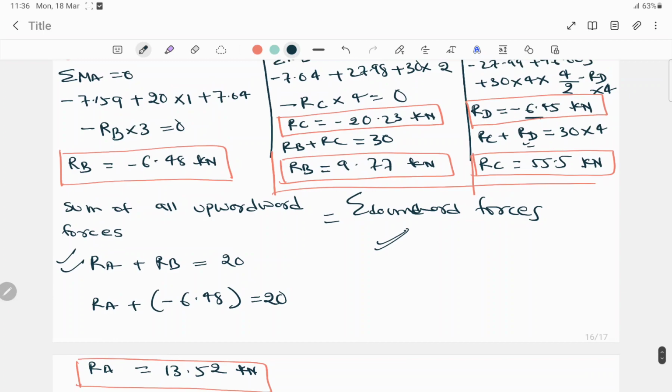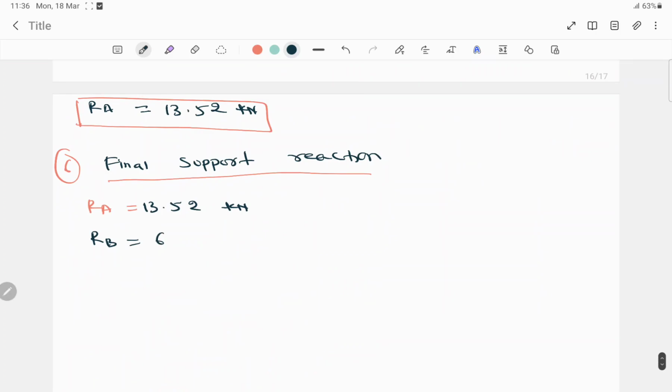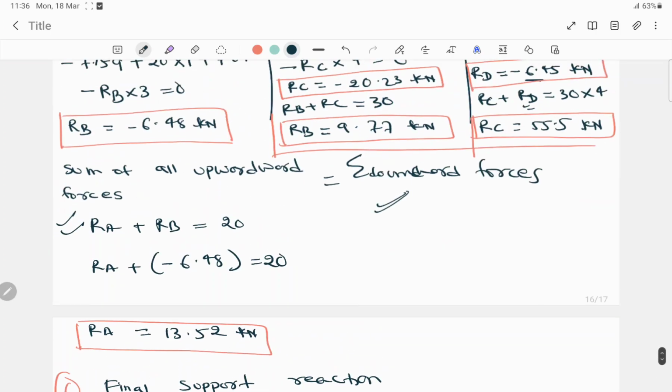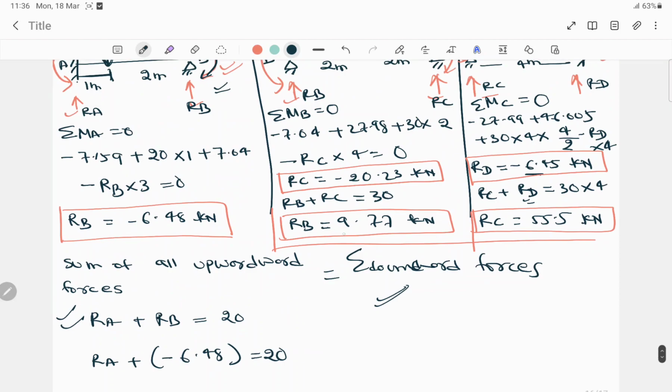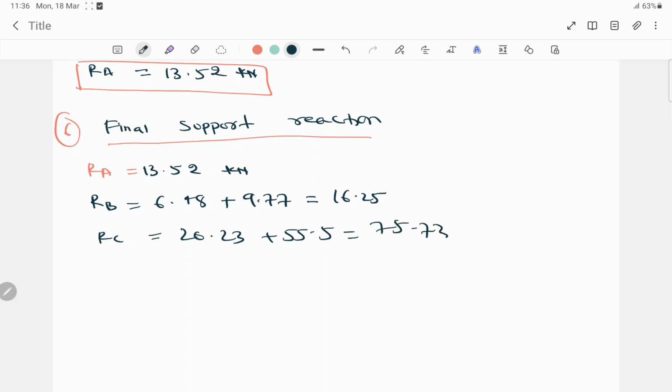This one, minus 6.48, let it be 6.48 plus 9.77, this one 9.77. So we just need to add 9.77, which is equal to 16.25, and Rc is equal to, we have Rc value 20.23 plus 55.5 is equal to 75.73 kilonewton. It's also kilonewton, and Rd value is 64.5 kilonewton. So these are the final support reaction values.